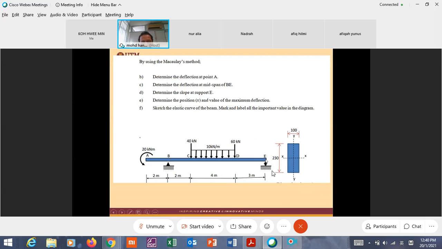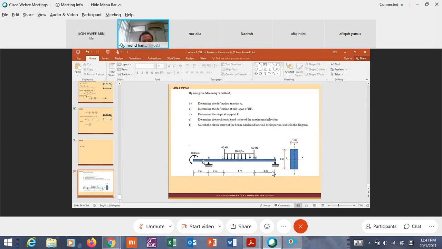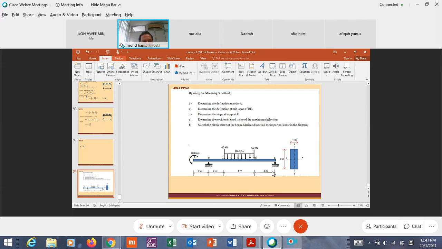First of all, I hope you can imagine the shape of the deflected beam. This is the shape.